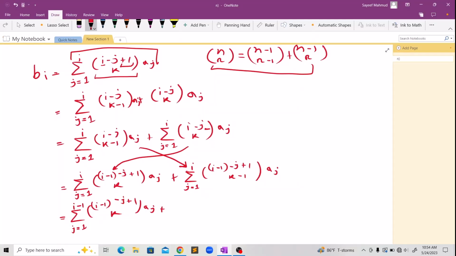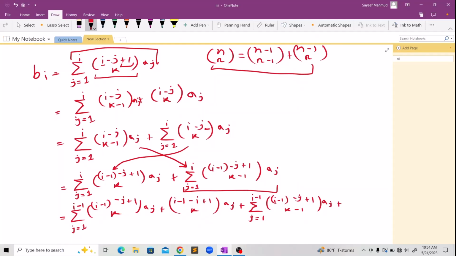If j is equal to I, then I minus 1 minus I plus 1 choose k times aj, and we'll do the same thing for this. We'll take the sum up to I minus 1 and we'll write j equals I separately.